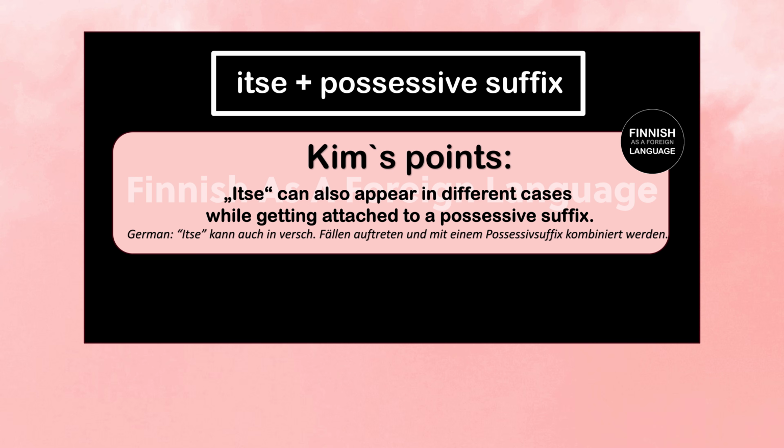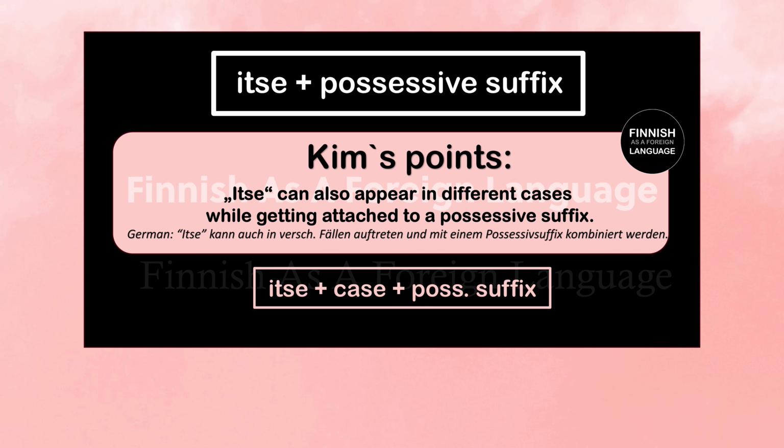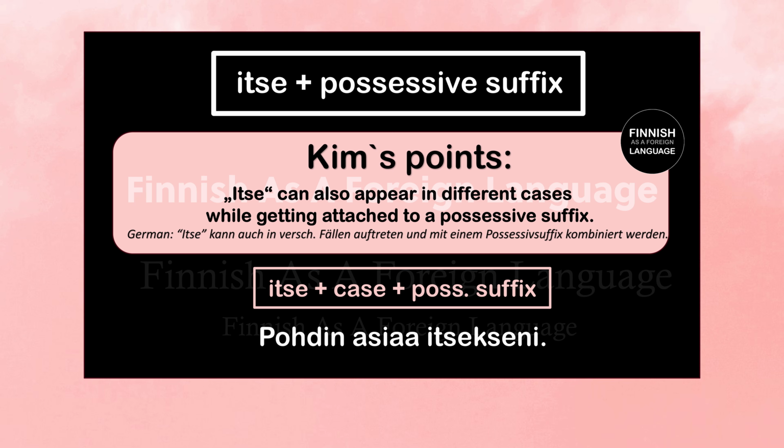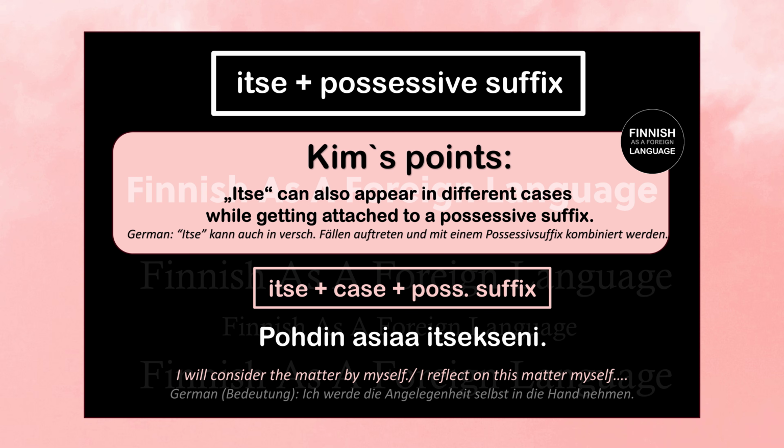Alright, now itse can also appear in different cases while getting attached to a possessive suffix. So here's actually the word structure, itse plus case marker plus possessive suffix. For example, pohdin asiaa itsekseni means I will consider the matter by myself.